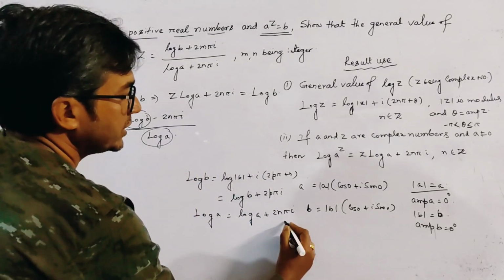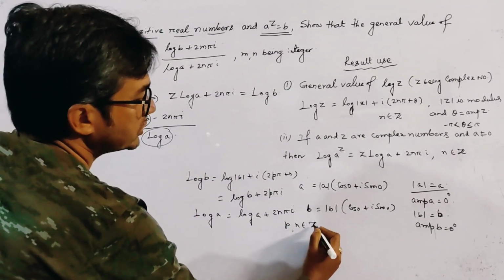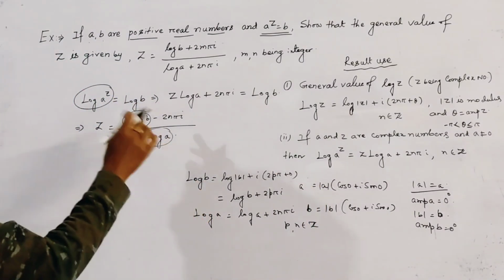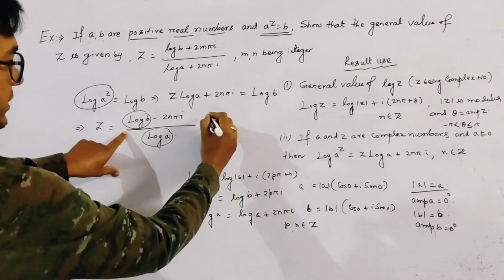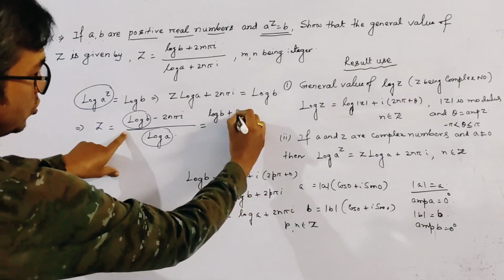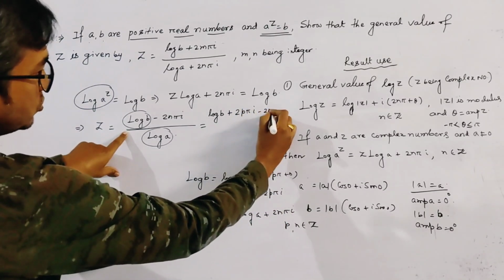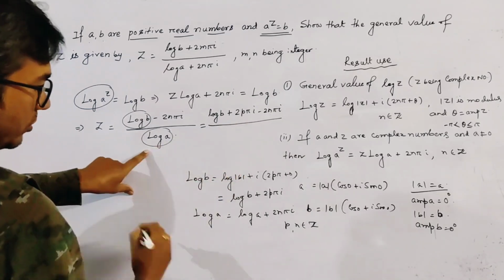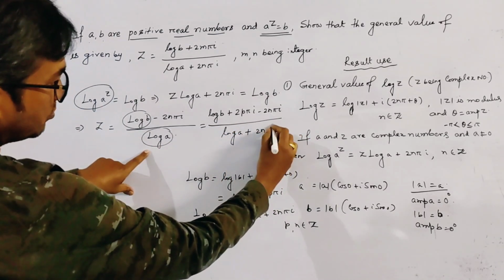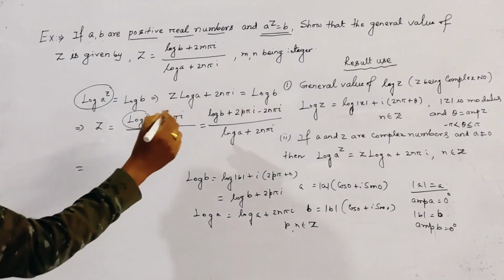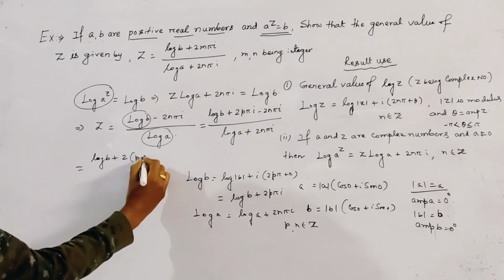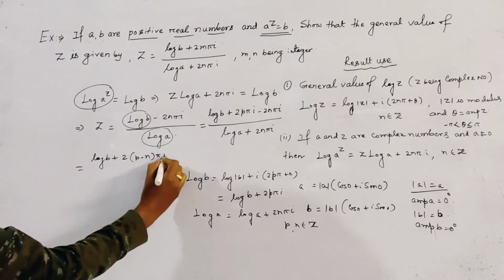Here we take p and n belonging to Z. Now putting the two values of log b and log a here, we get log b plus 2p pi i minus 2n pi i in the numerator, and log a plus 2n pi i in the denominator. So it can be written as log b plus 2 into (p minus n) into pi i.